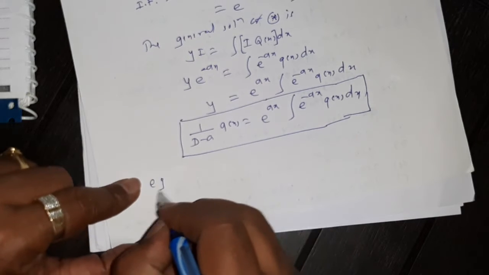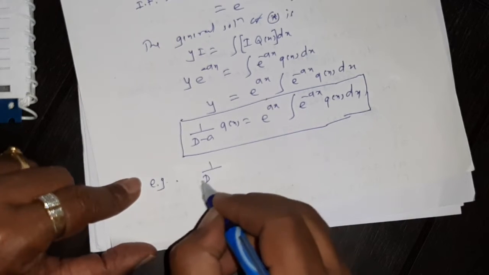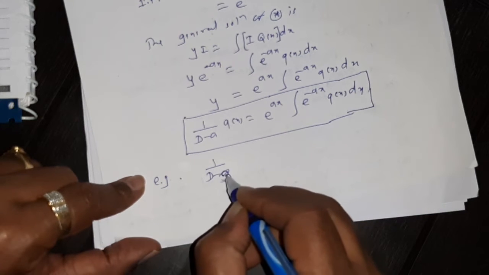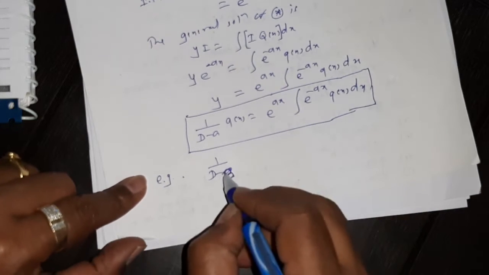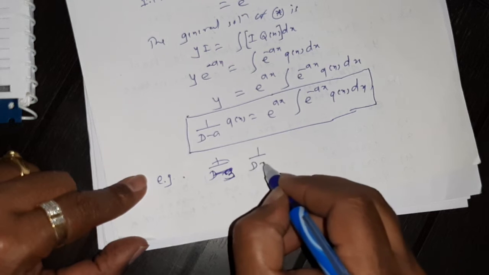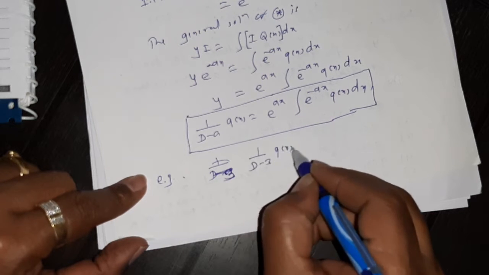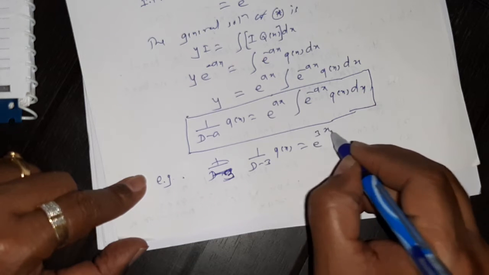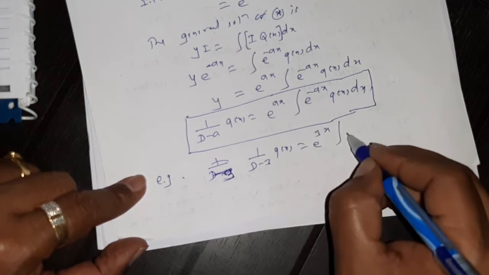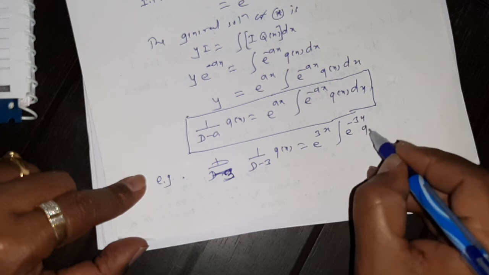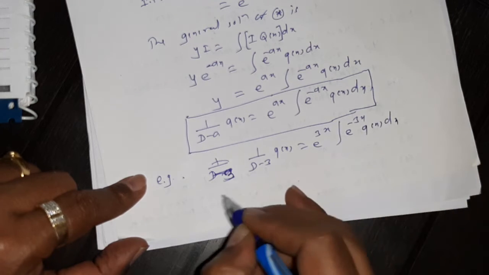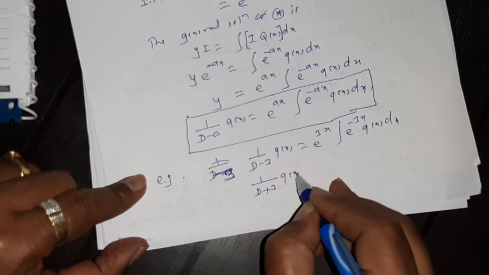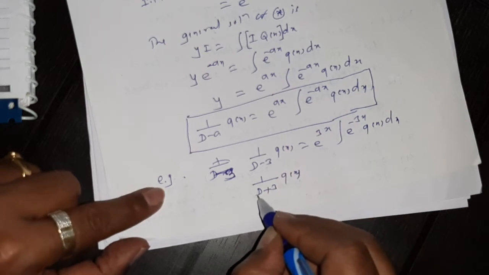For example, what is 1 by D minus 3 Q(x)? It is e raised to 3x integration e raised to minus 3x Q(x) dx. But what is 1 by D plus 3 Q(x)? What is D plus 3?